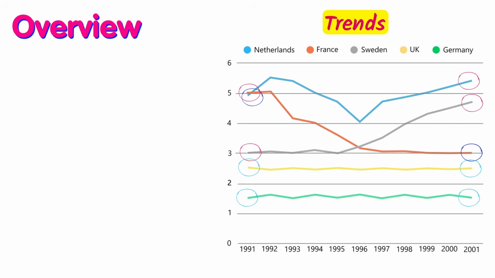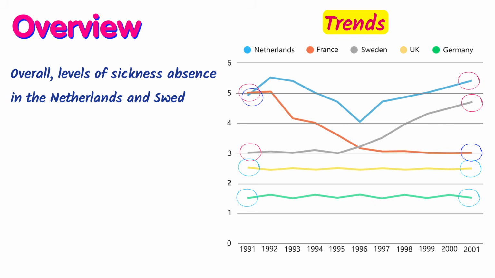Now let's just start writing this paragraph. Overall, levels of sickness absence. So instead of sickness leave, because I don't want to make it repetitive, I write another word, sickness absence, in the Netherlands and Sweden showed a general upward trend. Showed a general upward trend.